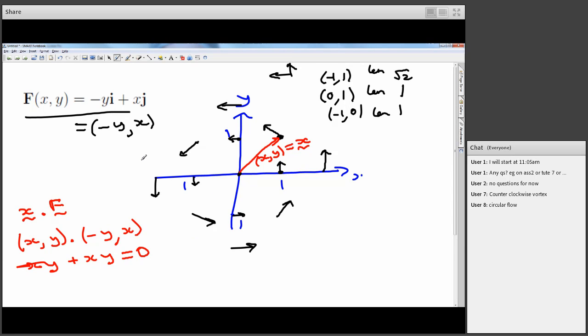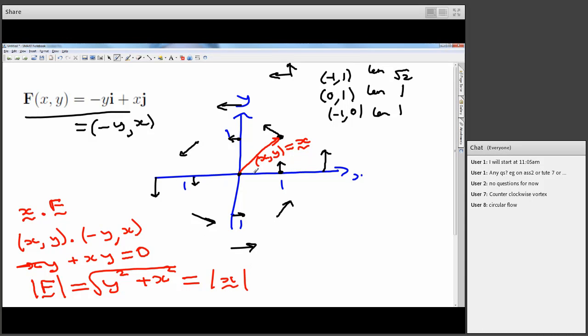It's a key thing. Other thing to notice is the length. So the magnitude of this flow, which corresponds to how fast it's flowing, would be the square root of minus y squared plus x squared, which is just another way of saying that's the length of this position vector.